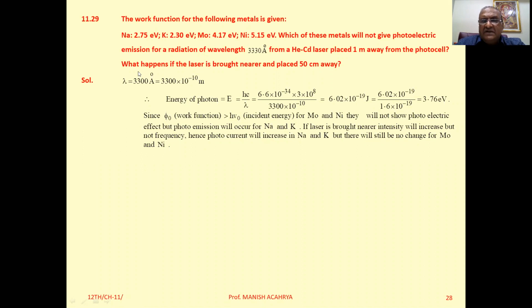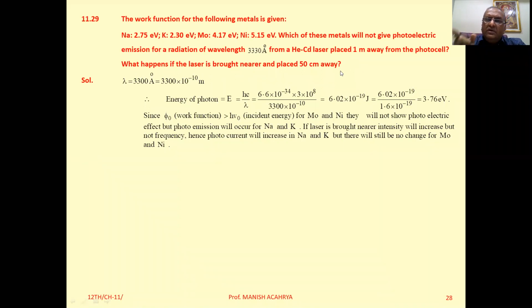Then after, see here it is given to you, what happens if the laser is brought nearer and placed 50 centimeter away. If it is brought nearer or farther away, the frequency of the emitted radiation will not change. Frequency is the characteristic of the source. It does not depend on its position.